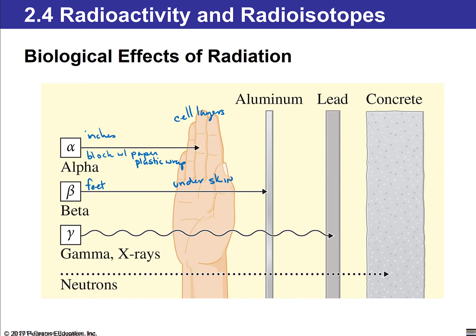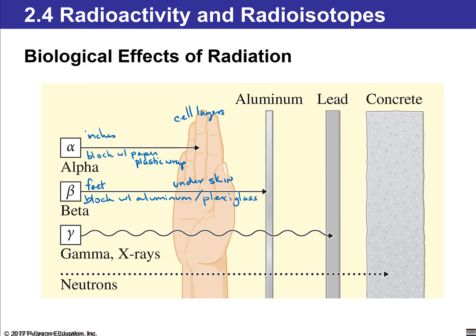So in order to block this, you use aluminum foil or you use plexiglass. It can penetrate into layers under the skin versus right on the surface of the skin. So you can block it with some heavy-duty aluminum foil, or plexiglass.